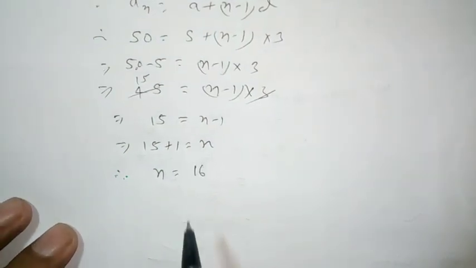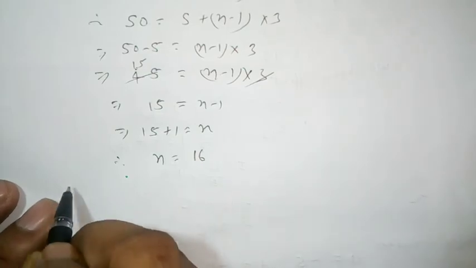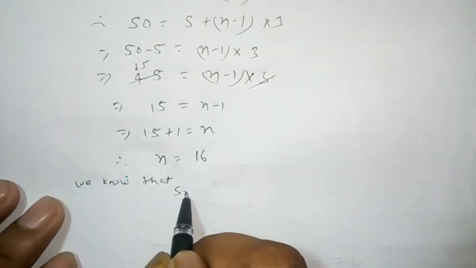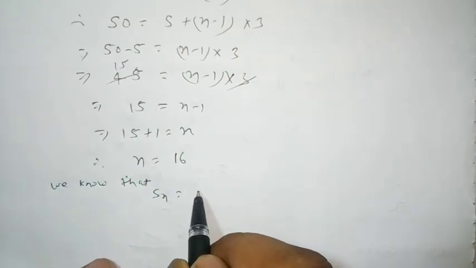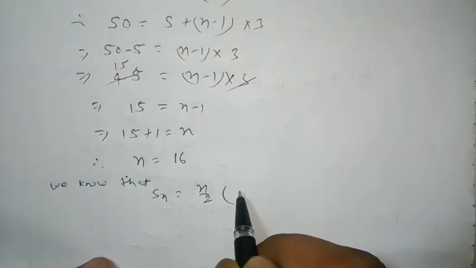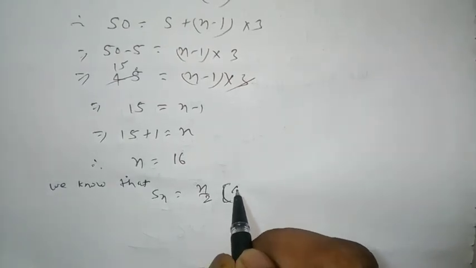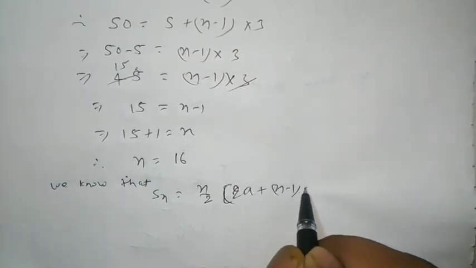Now the second, Sn. We know that Sn is equal to n by 2 into 2a plus n minus 1 into d.